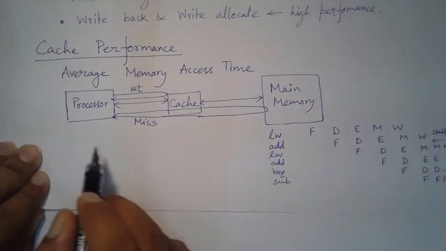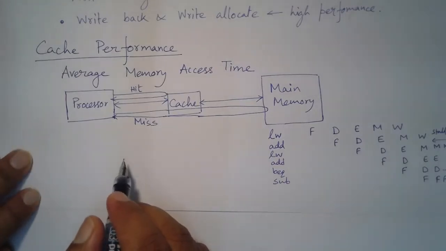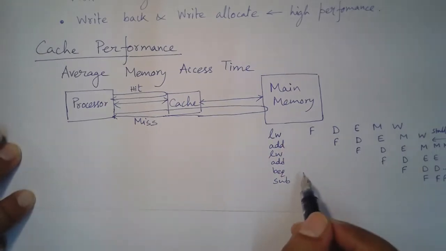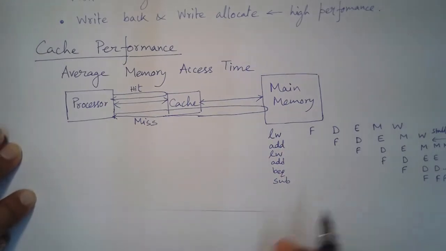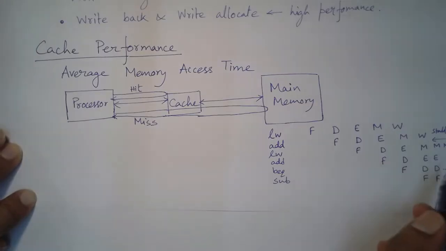Now, how do you calculate this average memory access time? You will have multiple memory accesses, and over the period of your instructions you will have many such memory accesses.